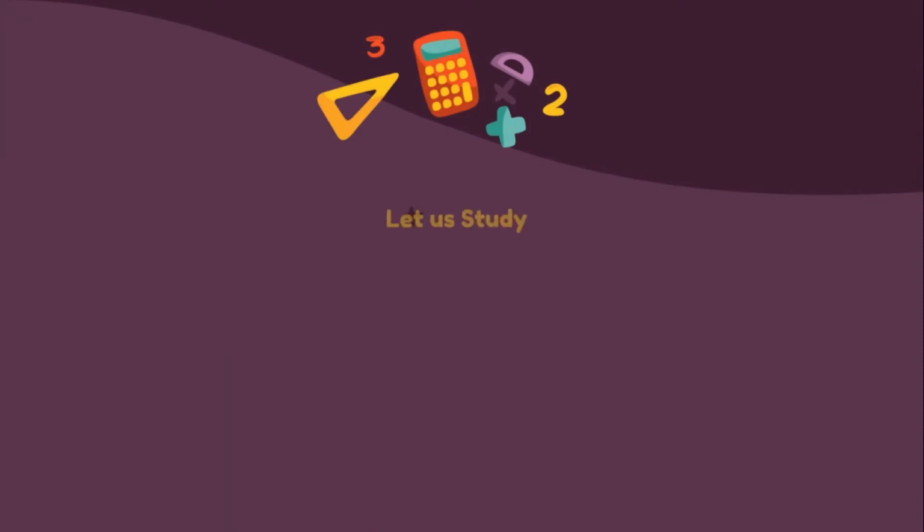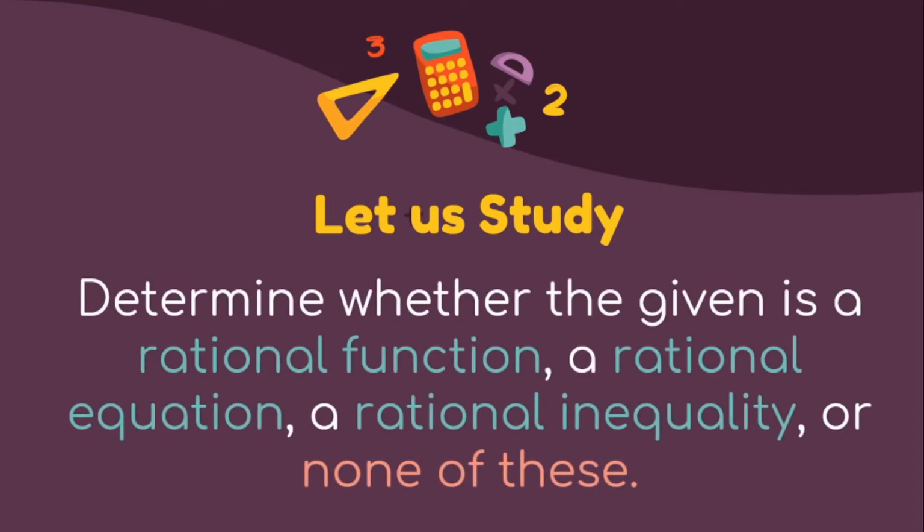At ngayong alam nyo na ang pinagkaiba ng rational equation, rational inequality, at rational function, determine whether the given is a rational function, a rational equation, a rational inequality, or none of this. Handa na ba kayo?